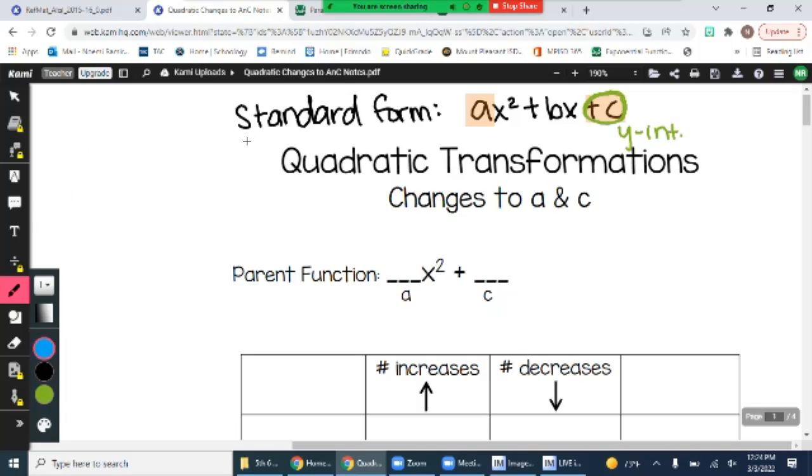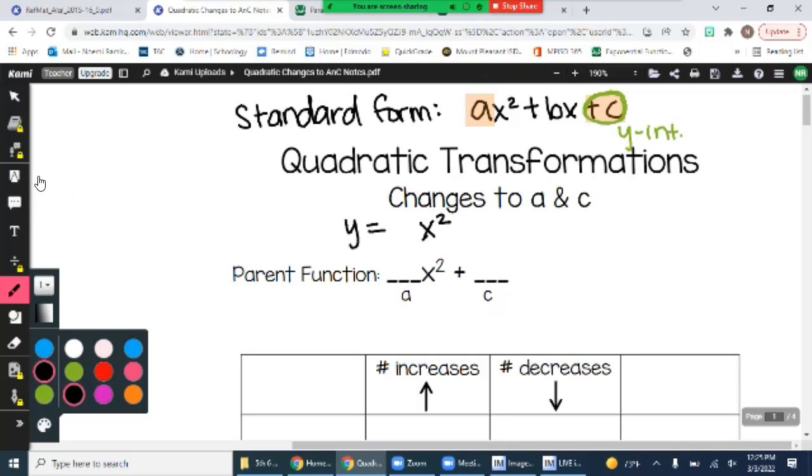Now your parent function is y equals x squared, where there is no number in front nor behind the x squared. So if there technically is no number in front of x squared in the original parabola, what number would that be?